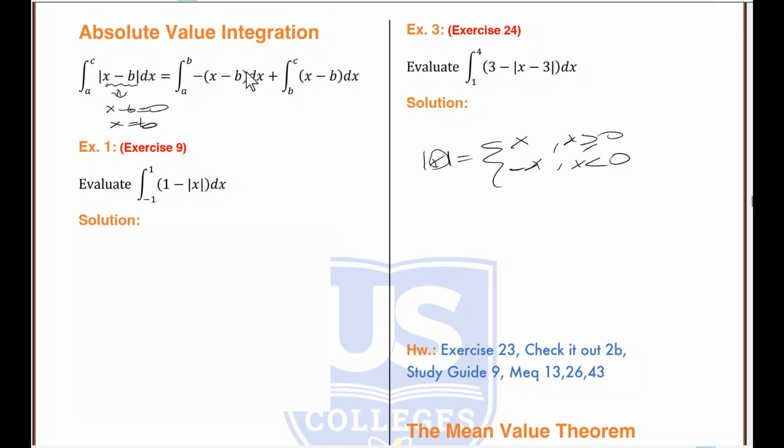What about the functions inside? Remember, as we did here, we are going to use the idea of writing absolute value as piecewise. When we have a number less than b, then inside absolute value becomes negative. If inside is negative, then we will take the negative expression out of absolute value. So instead of writing absolute value x minus b in the first part, we will be writing negative x minus b.